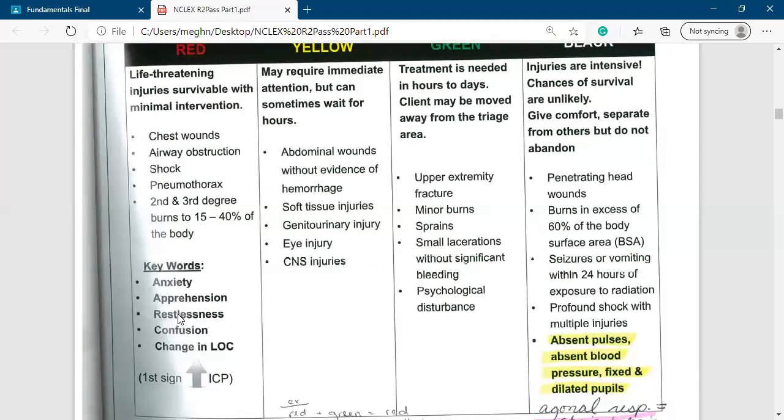So increased intracranial pressure is the first sign of a change in the level of consciousness. What are the signs of increased intracranial pressure? Increased blood pressure, increased temperature, decreased heart rate, decreased pulse rate.